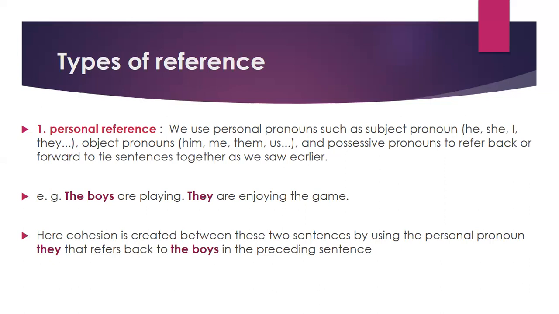For example, the boys are playing. They are enjoying the game. So in this example, we use they instead of using the boys. The personal pronoun they refers back to the boys.